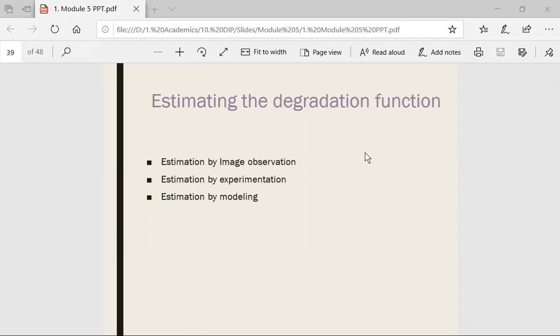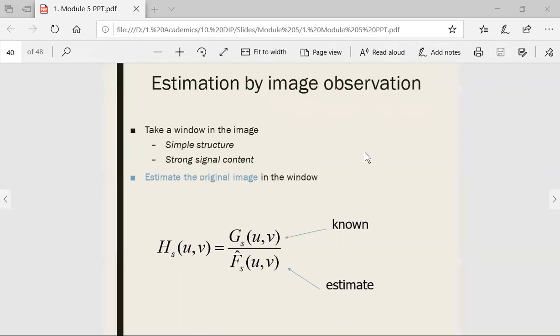Then estimation by modeling: you calculate the total number of pixels using the equation we have already seen, g of x comma y equals h of x comma y into f of x comma y plus noise, as the model to estimate the total number of unwanted pixels present in the image. Okay, fine.